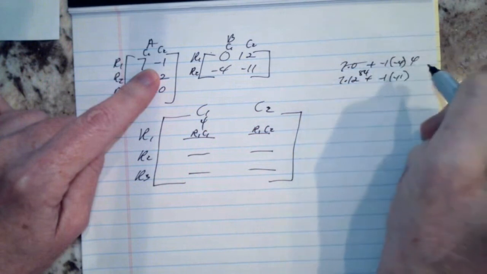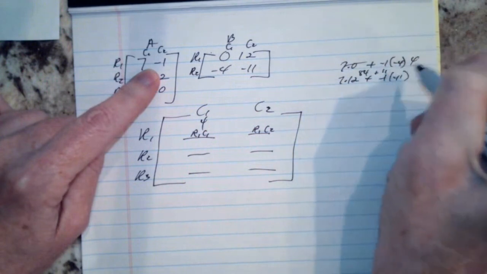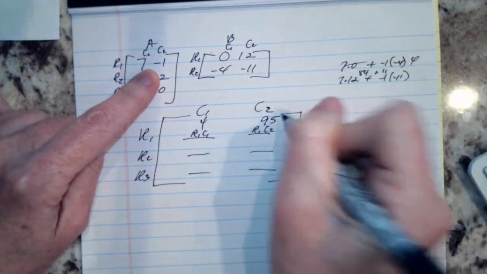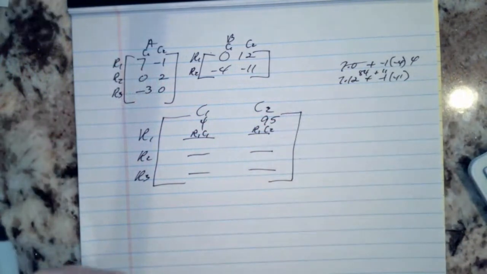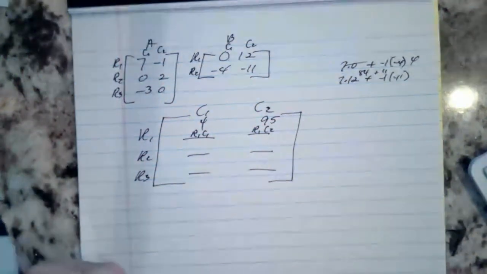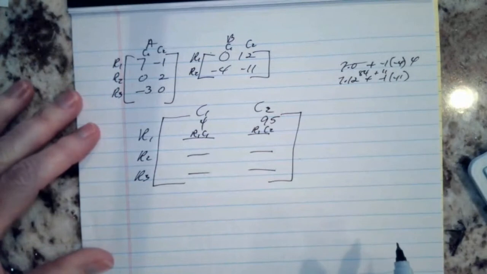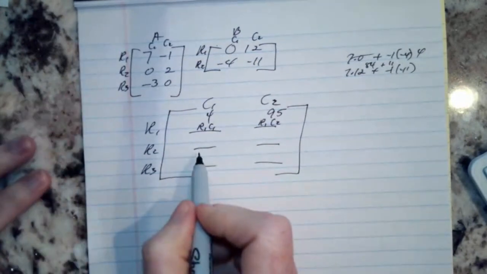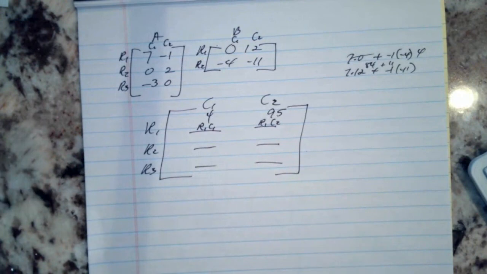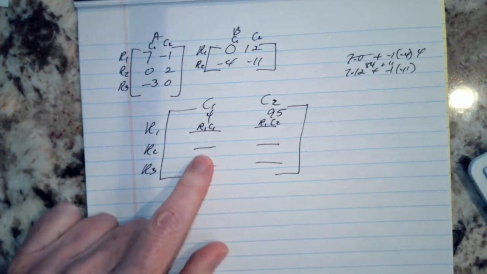So we're getting 84 plus 11, so 95 there. Okay, let's go down here and give you a couple minutes, or a minute, to see what you can do on this one.